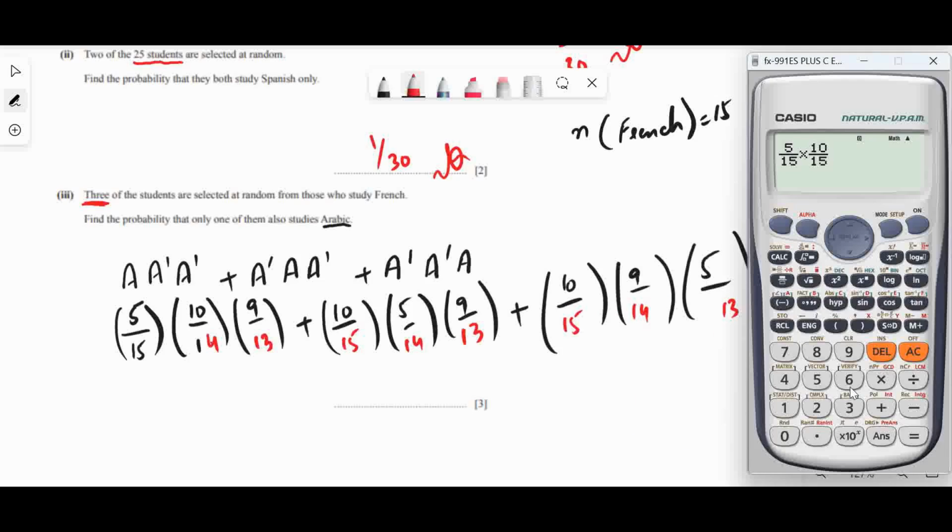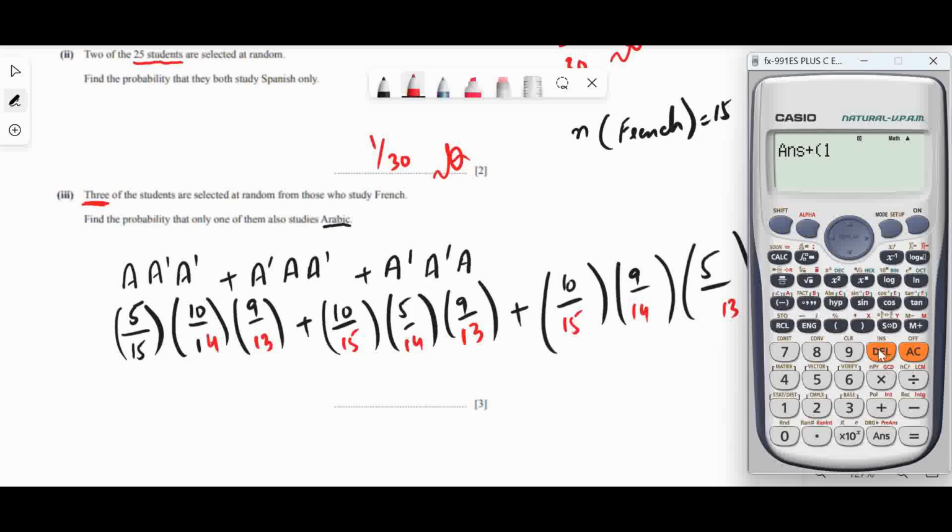Now use the calculator. For the first one, that is 15, then for the next one that will be 14, multiplied by 9/13. So now we cannot multiply it by 3, so this will be equal to this, plus let's see the second one.